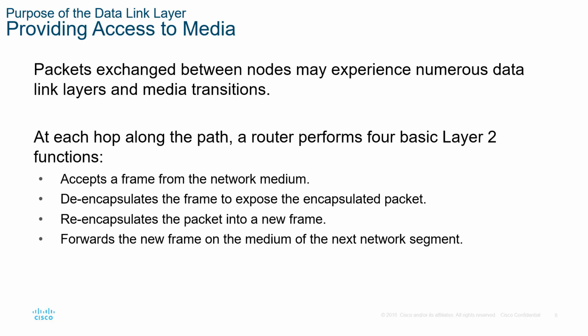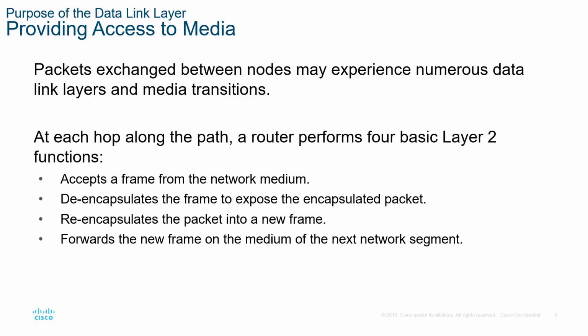At each hop along a path, a hop being a connection between two layer 3 devices, a layer 3 device will perform 4 basic functions. It will accept a data frame from the network medium. It will decapsulate the frame to expose the layer 3 packets.